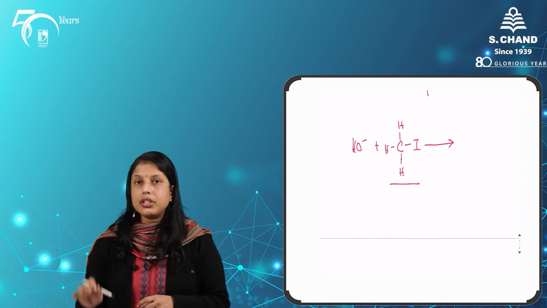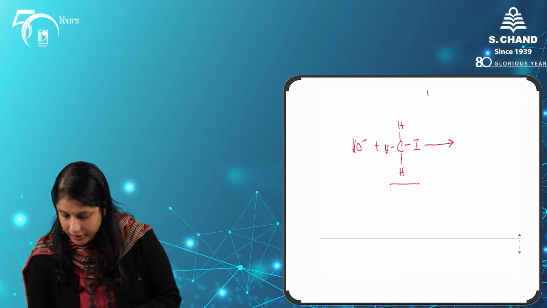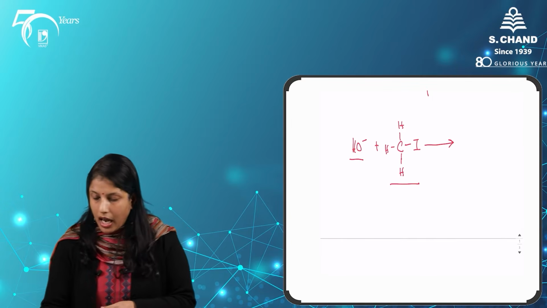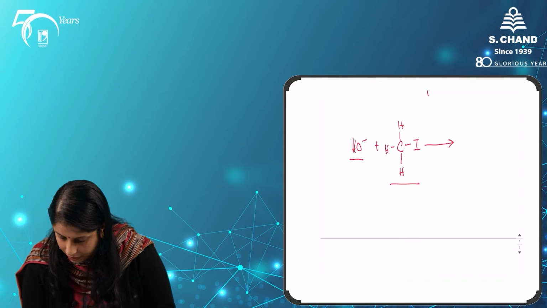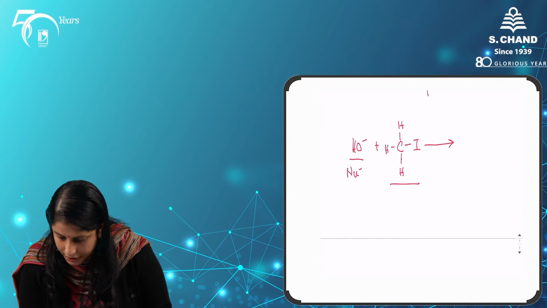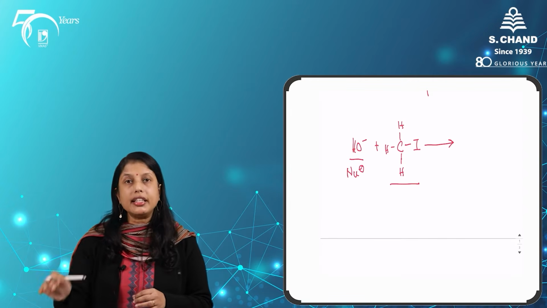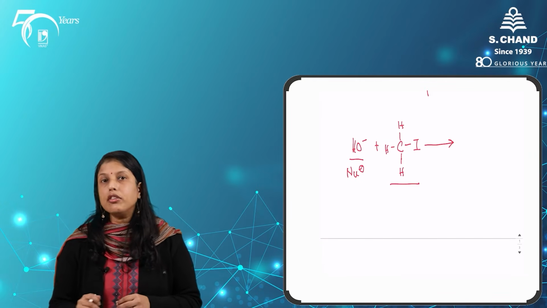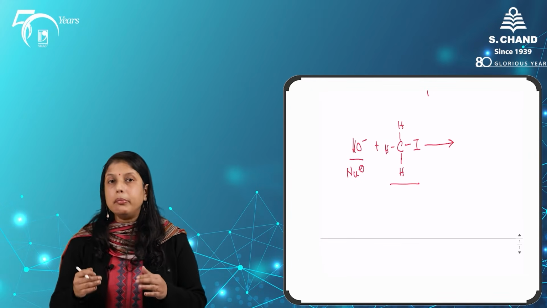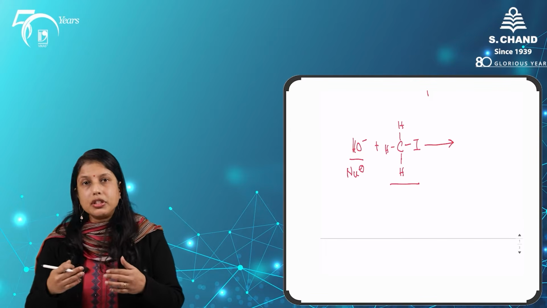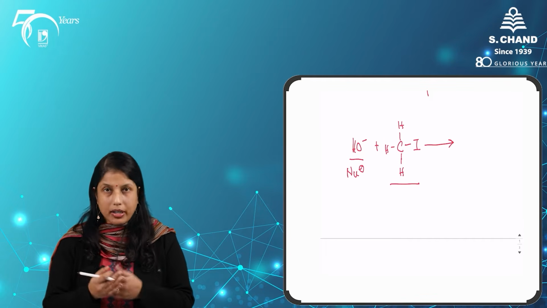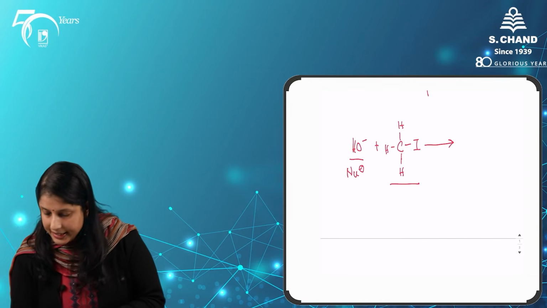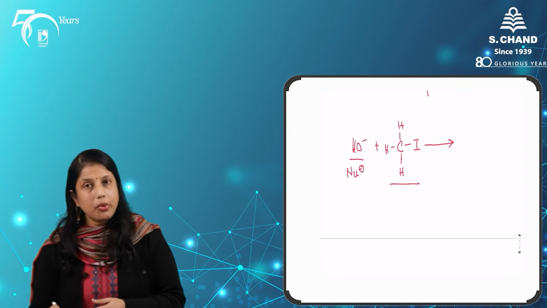This undergoes a nucleophilic substitution reaction with our hydroxide ion. Our hydroxide ion over here is our nucleophile, meaning that it is the source of our electrons. Iodomethane over here is our substrate, meaning it is the compound which is going to be attacked. All right?